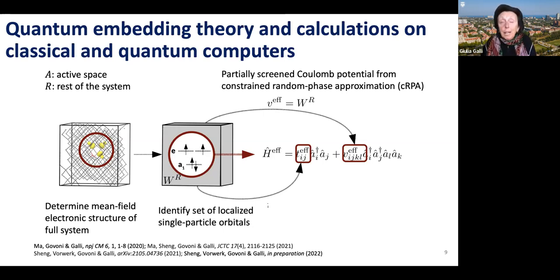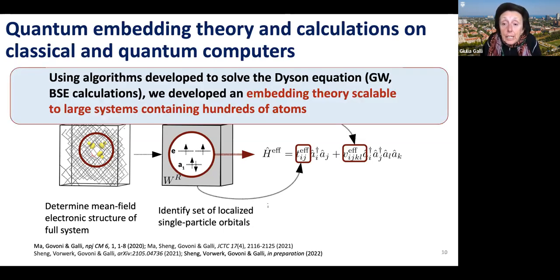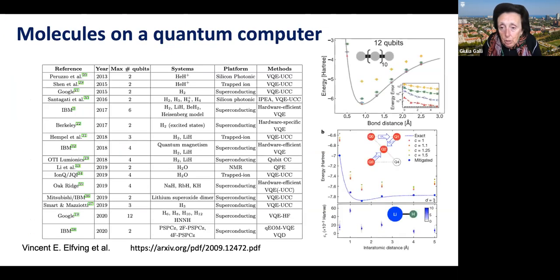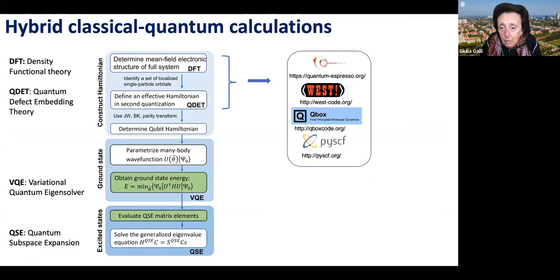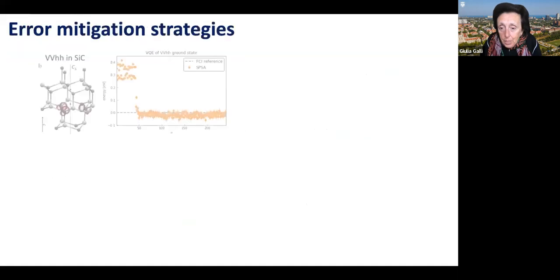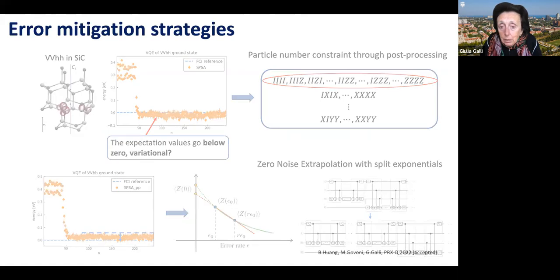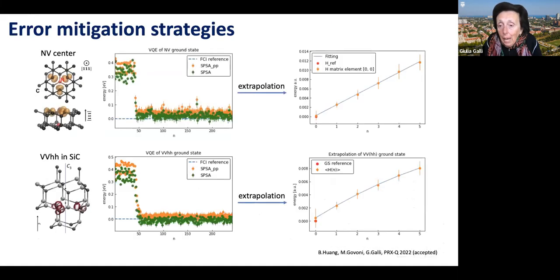I could also do that with a molecule on the surface, which is the other thing I would like to try with the quantum embedding. Whether this extrapolation would work as well, I don't know. That I don't know.